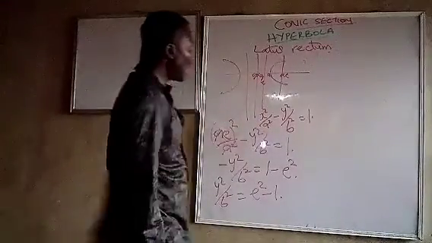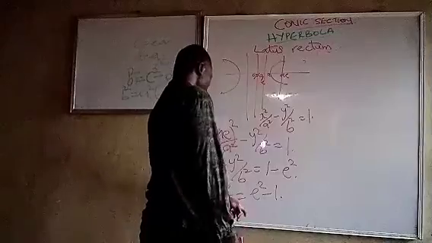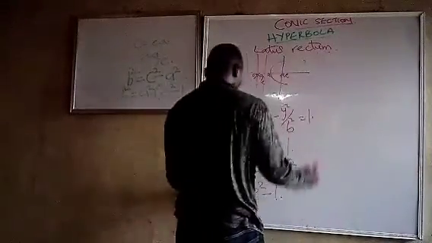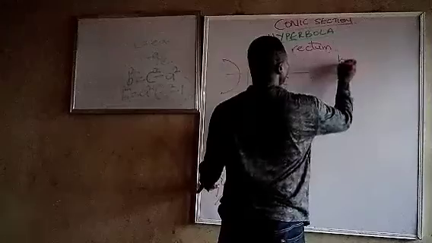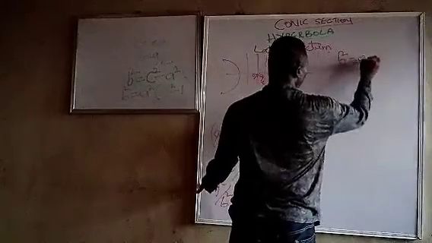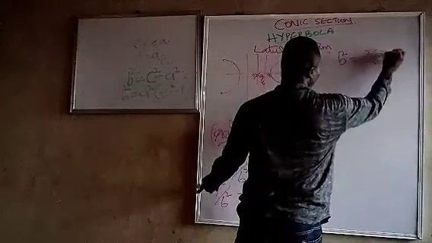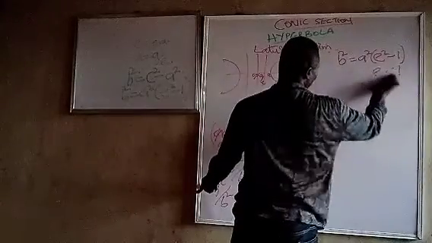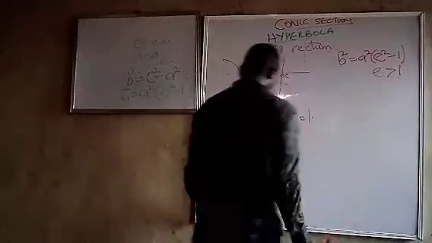But for the hyperbola, b squared is equal to a squared into e squared minus 1, where e is greater than 1.